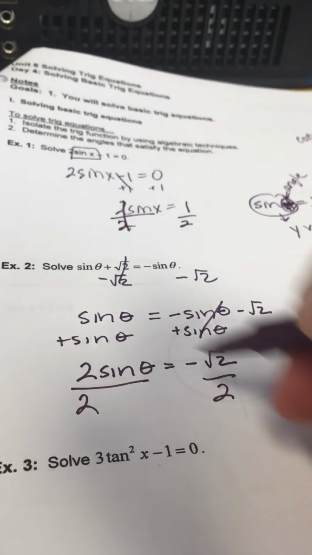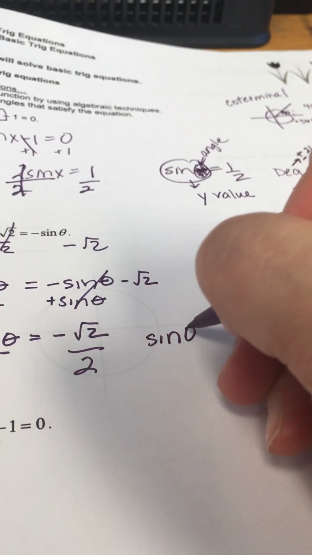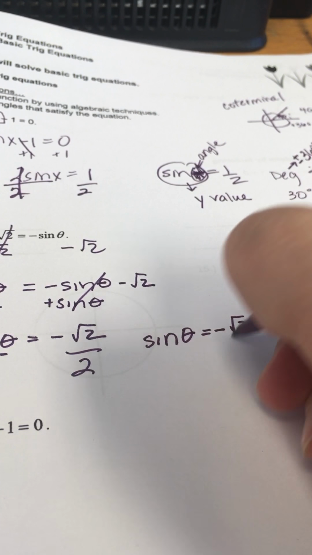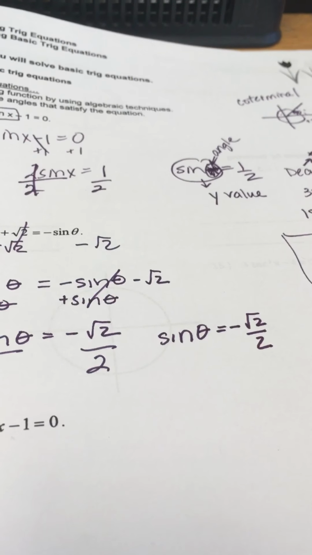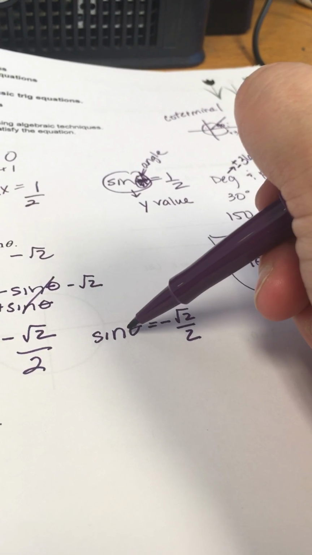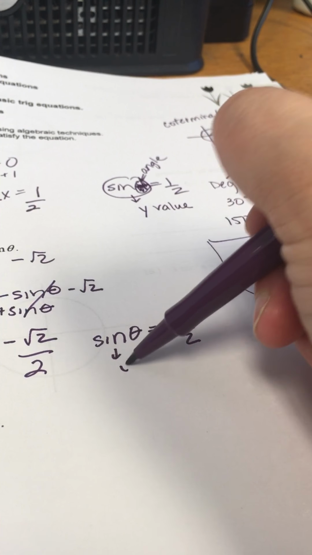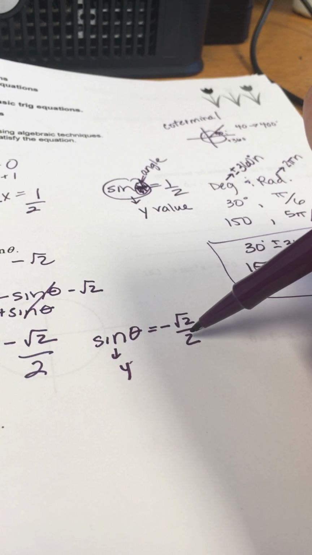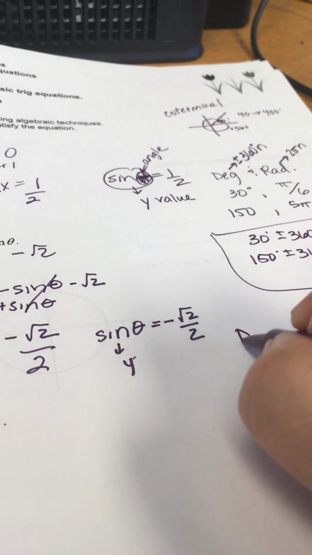Solve for the sine theta, so I'm just trying to get the sine or cosine or tangent by itself. Okay, so I'm looking at my circle where the y value is going to be negative root 2 over 2.